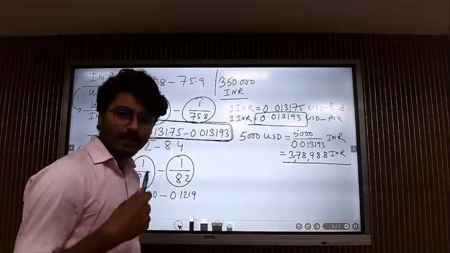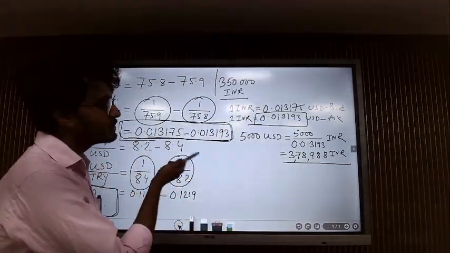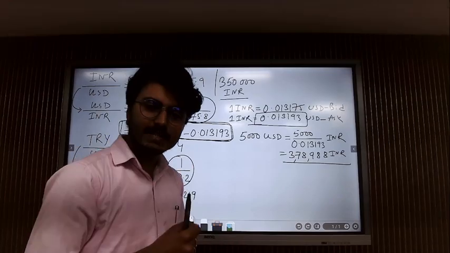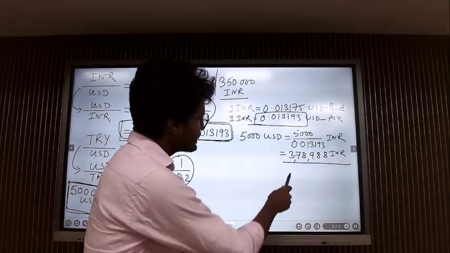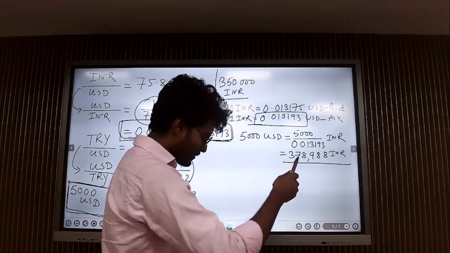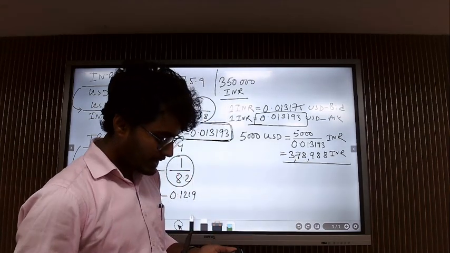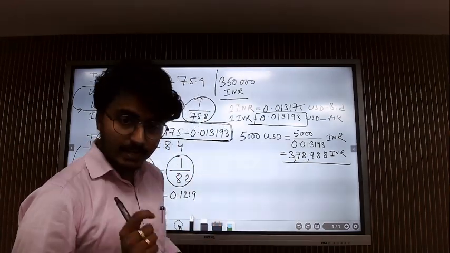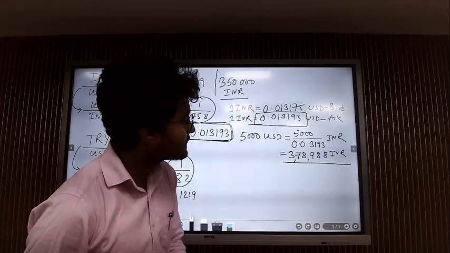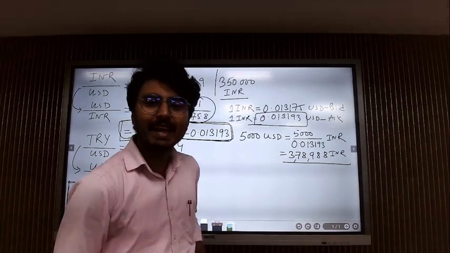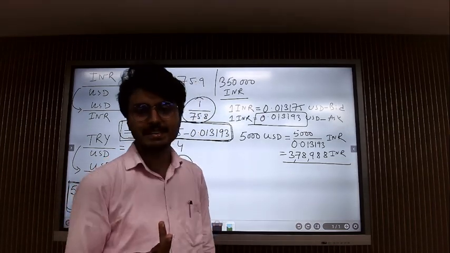So by sacrificing 5,000 US dollars, the US citizen will get 3,78,988 INR.